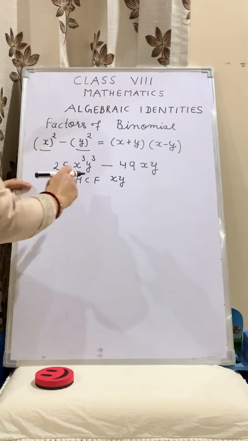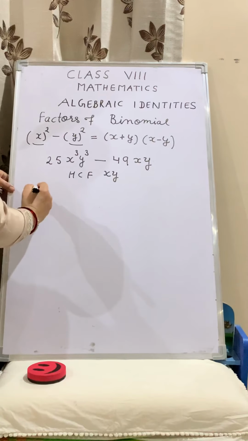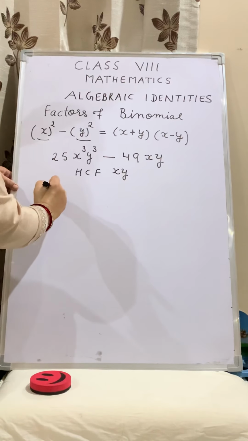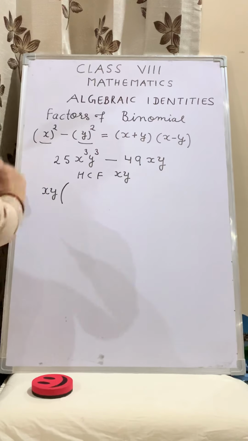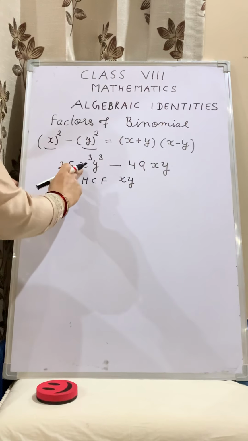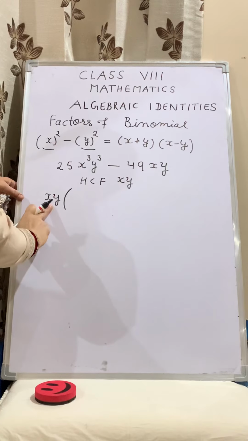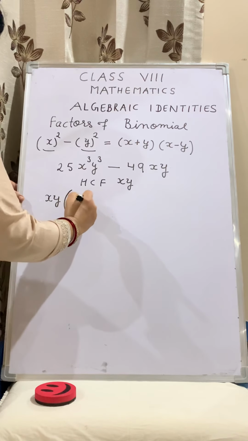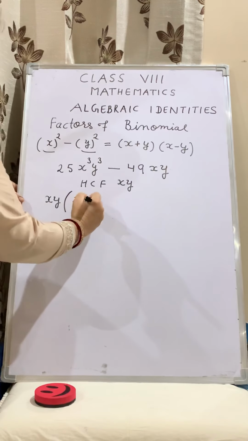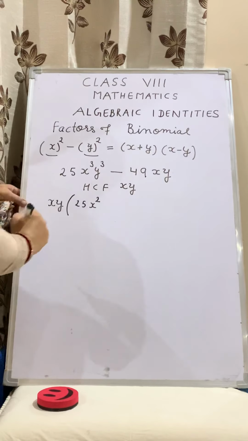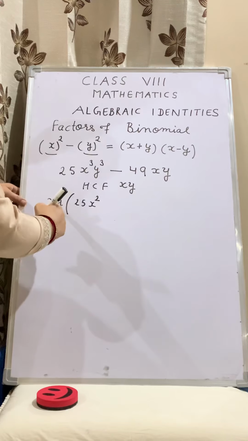Now the first factor is the HCF. We will write first factor xy. Now we will divide 25x cube y cube by xy. It will be 25. Power will be 3 minus 1, it means x square. Base is same.